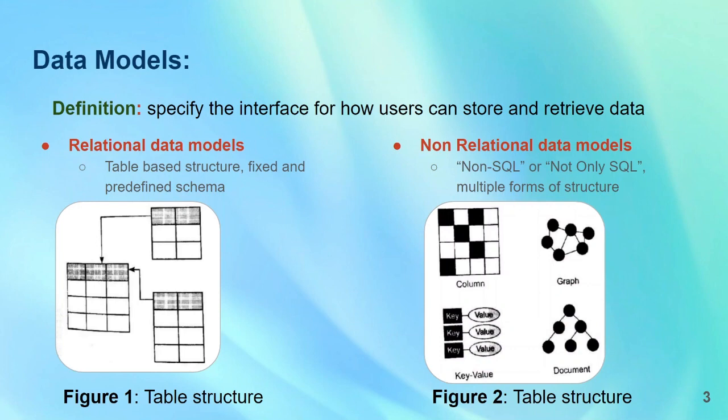Non-relational data models, on the other hand, are often referred to as NoSQL or not only SQL. These models support various forms of data structures and are more flexible compared to relational models. Most known non-relational data models are the graph model, column model, key-value model, and document model.